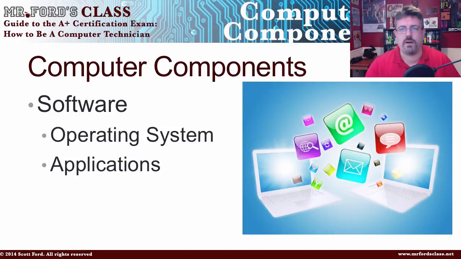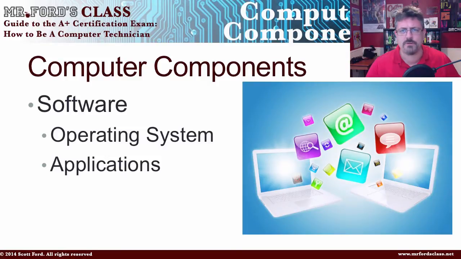Very few people ever go out and buy a computer for the operating system. Nobody goes, ooh, wow, I'm going to go buy a computer because it has Windows on it. I'm going to go buy a computer because I want Mac. You buy a computer typically based on an application. So you might buy a computer because you want to run Microsoft Office products. Or you might buy a computer because you want to run video editing software on it, visual communication software on it.